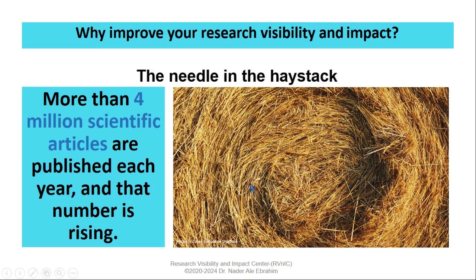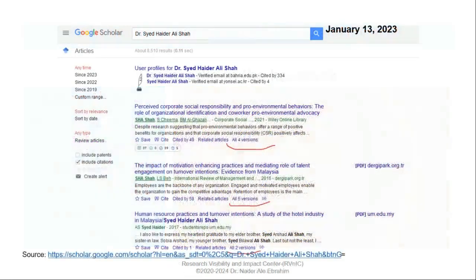What about your paper? Your paper is like a needle in a haystack. Who can find it? You have to do something to make your paper discoverable out of these 4 million scientific articles published every year in the Scopus database.